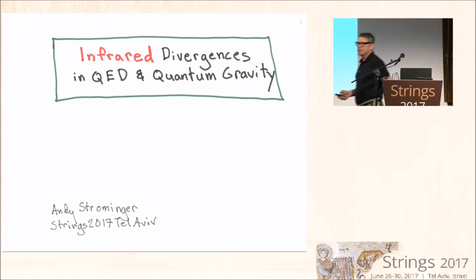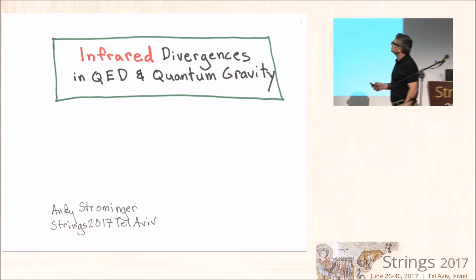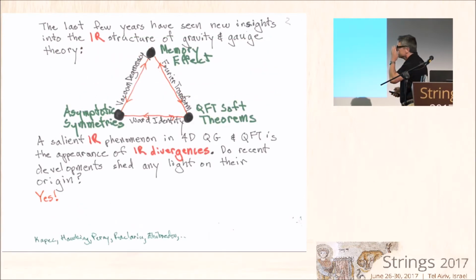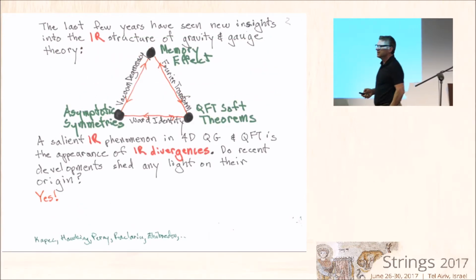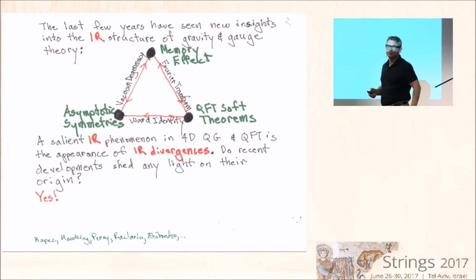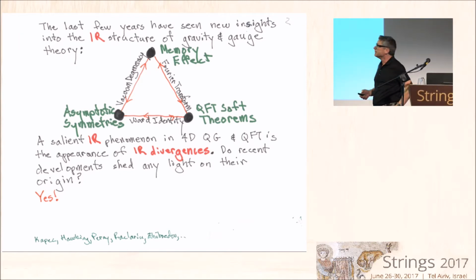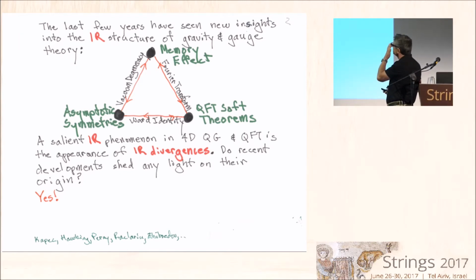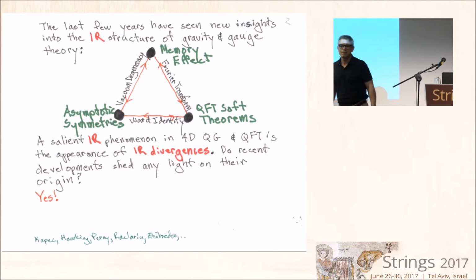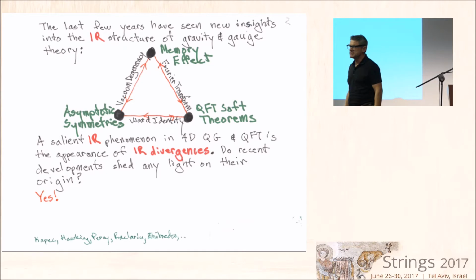Okay, so I'm going to talk about pieces of a series of recent papers. In the last few years, there's been a lot of work on the relationship between various infrared phenomena: soft theorems, memory, and asymptotic symmetries. One of the salient infrared phenomena that we all learn about in our first course in quantum field theory is infrared divergences.